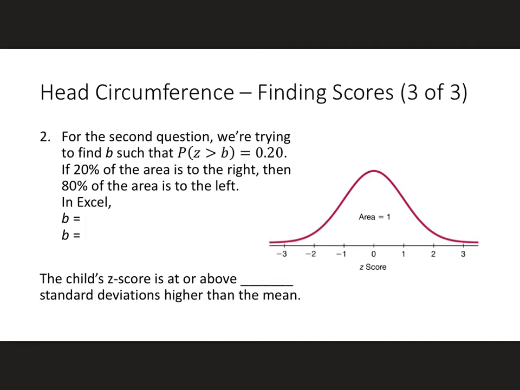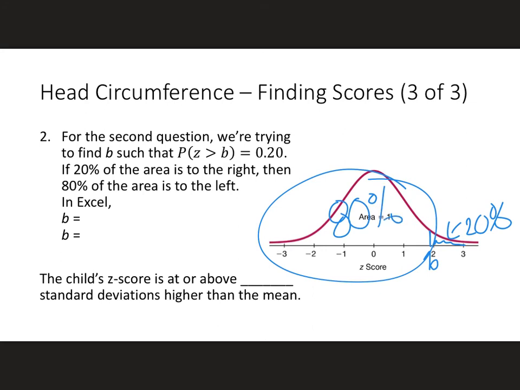And then number 2, we're trying to find the B that cuts off that top 20 percent. So I'm going to come over here. We're saying, what is this B value? You have to remember, if this is 20%, then this down here is 80%. So our probability is going to be 0.8.